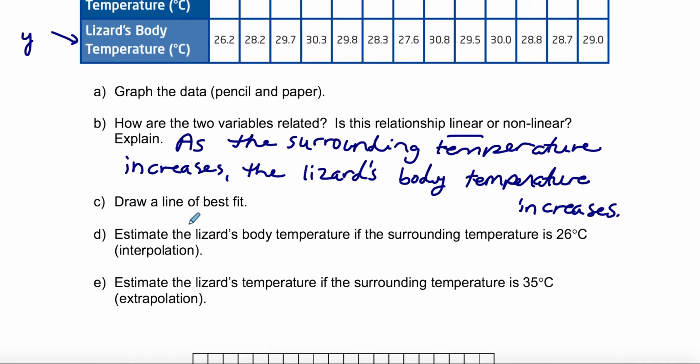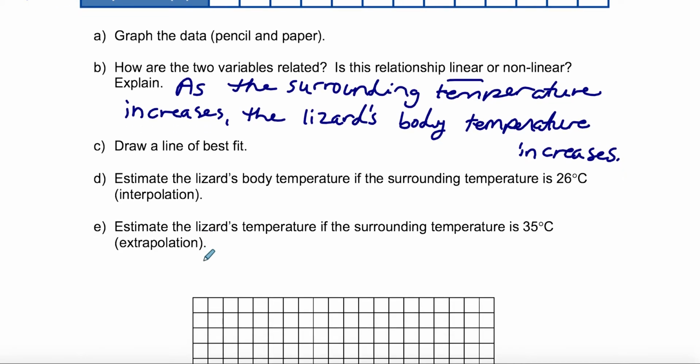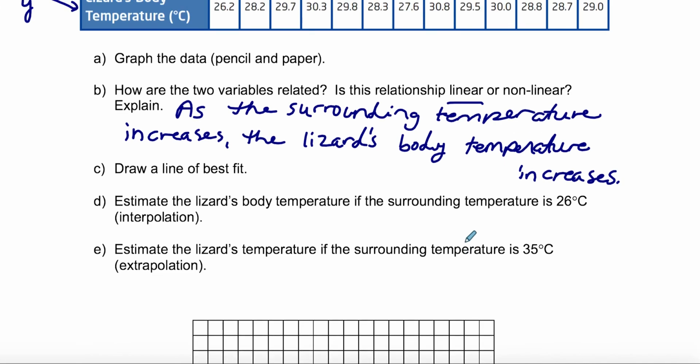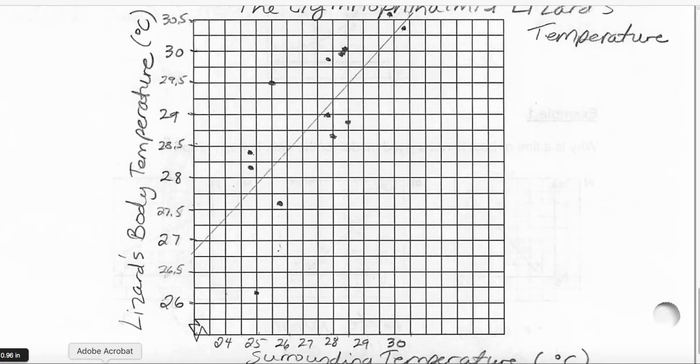So draw a line of best fit. You saw that I did that on the previous graph. Estimate the lizard's body temperature if the surrounding temperature is 26 degrees Celsius. This is interpolation, we're going to look within our graph. Here's our surrounding temperature.